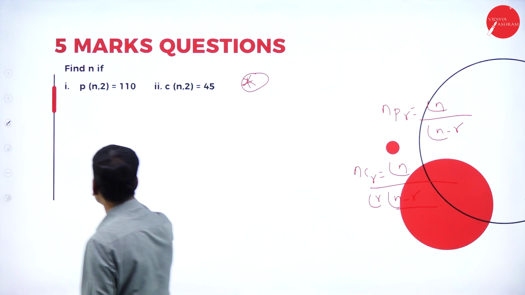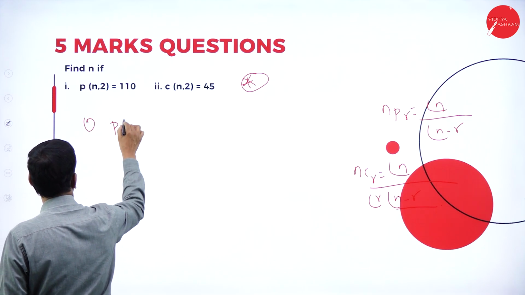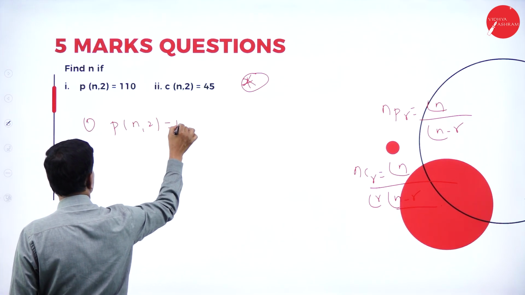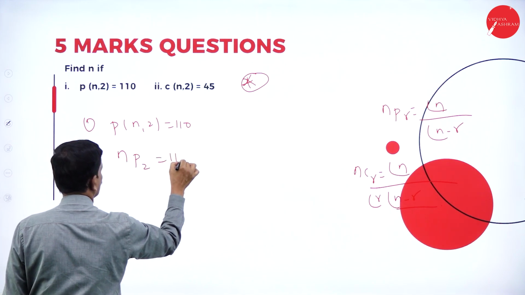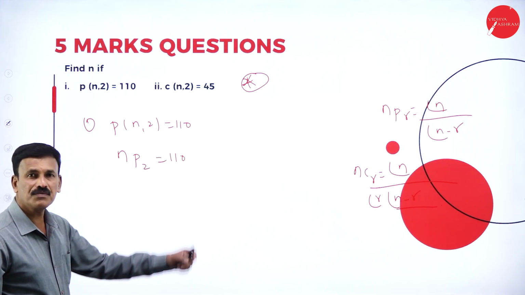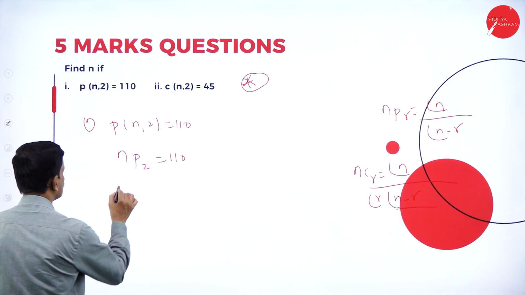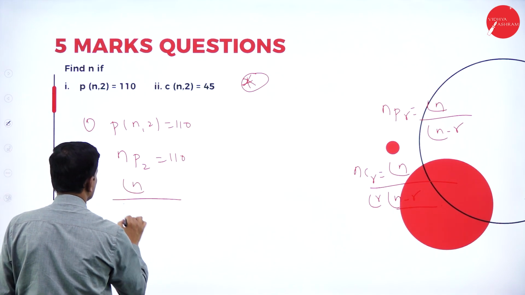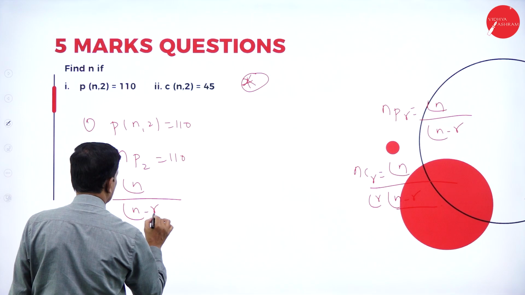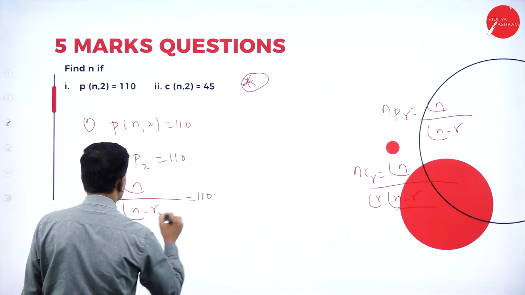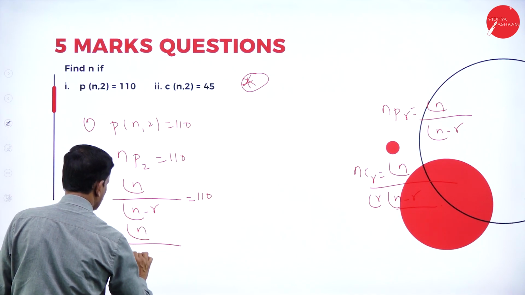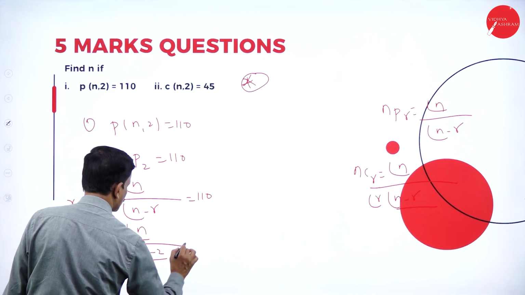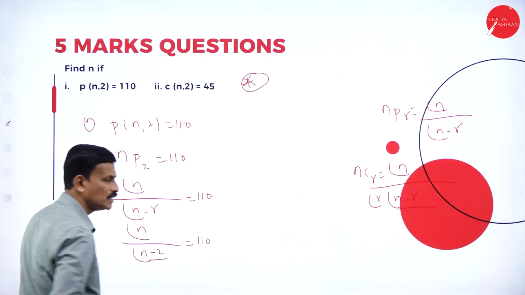Let us take the first one. What is given? P(n,2) is equal to 110, means nP2 is equal to 110. What is the formula for nPr? nPr is equal to n factorial divided by n minus r factorial is equal to 110. What is r here? r is equal to 2. n factorial divided by n minus 2 factorial is equal to 110.